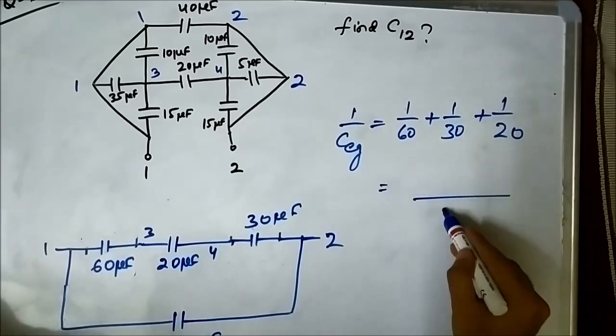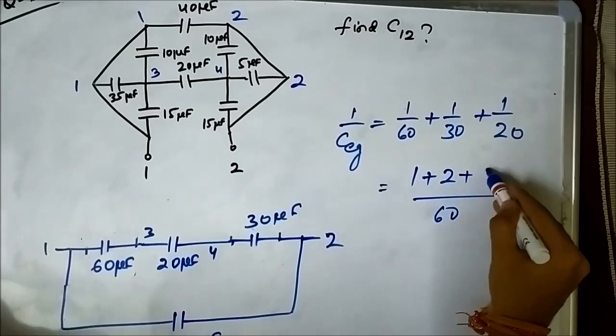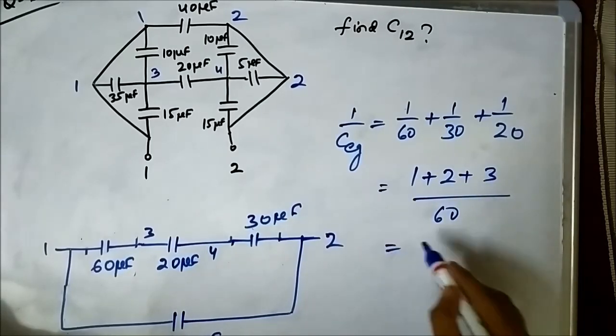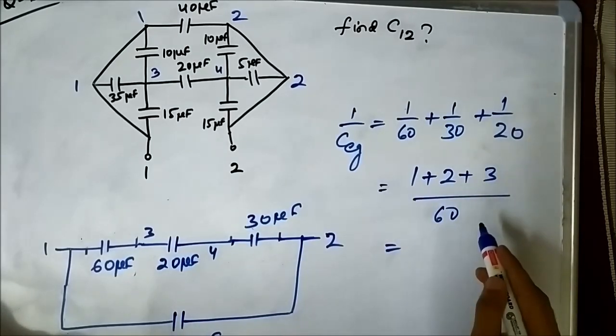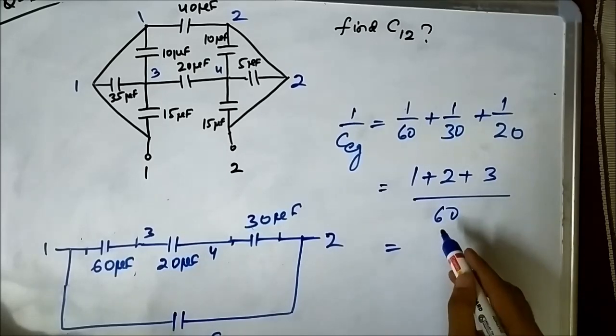The LCM will be 60, so it is 1 plus 2 plus 3, which is 6.